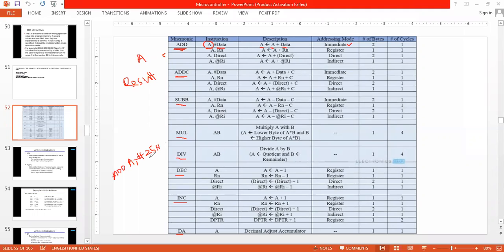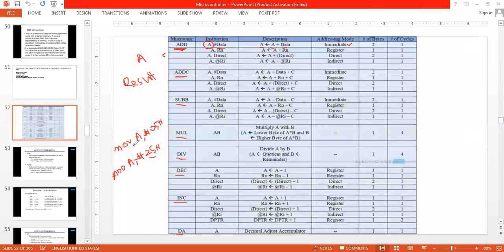So #25h is the immediate value here. Okay, first I will write MOV A, #05h.